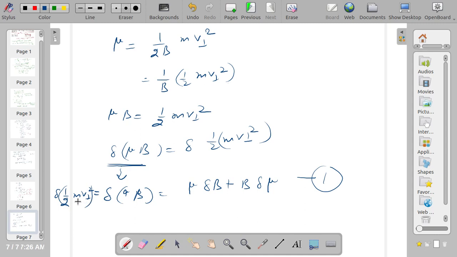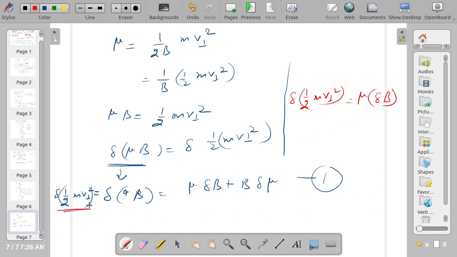This is the change in kinetic energy, but also I know from the earlier that this change in, right, so this is one equation.